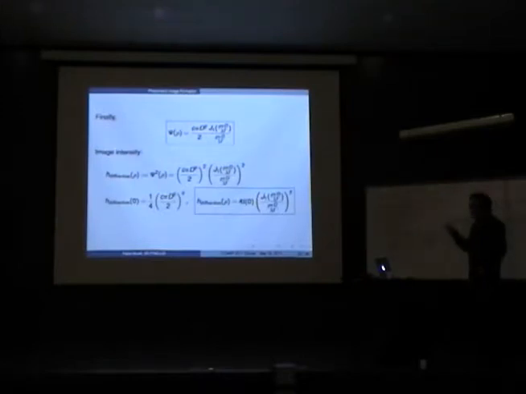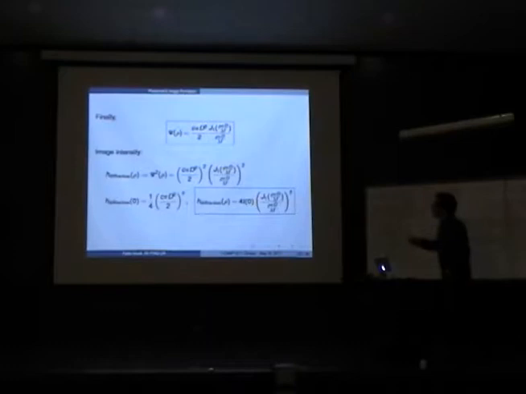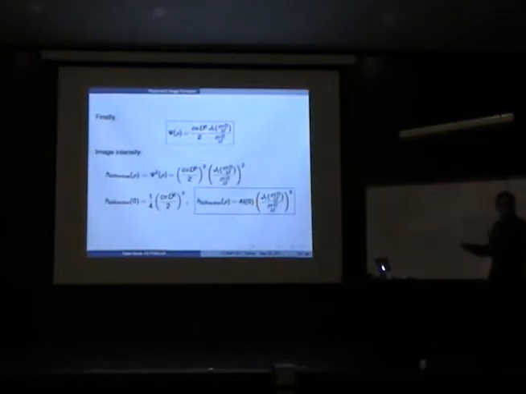So the sensors are sensitive to image intensity, not to this. This image intensity is the square modulus of this field. So this gives the diffraction kernel, the first component of the PSF we are trying to model here.